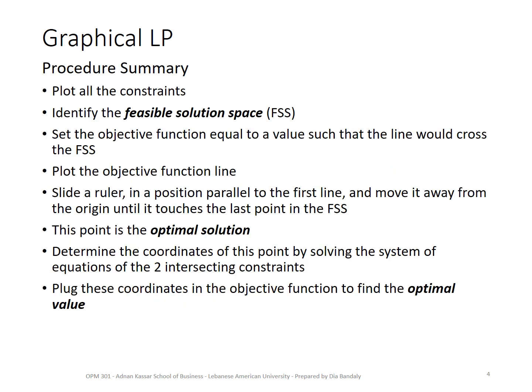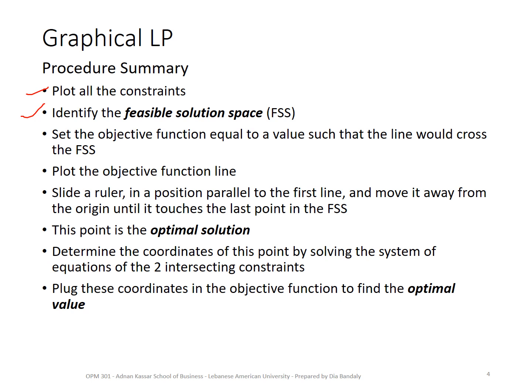And here is the summary for you guys if you want to refer to it later on. It's a good summary that summarizes all the steps that we have done. All right, so what we did, we plot all the constraints in order to shrink or reduce our search area, and then we finally identified the feasible solution space.